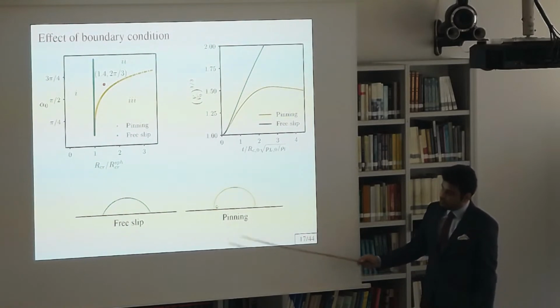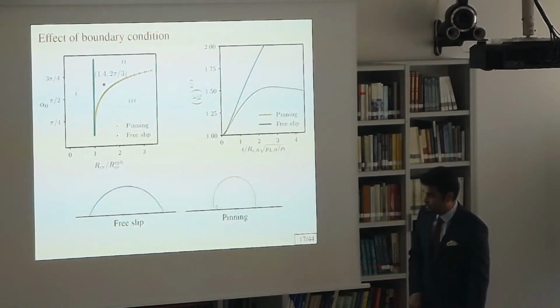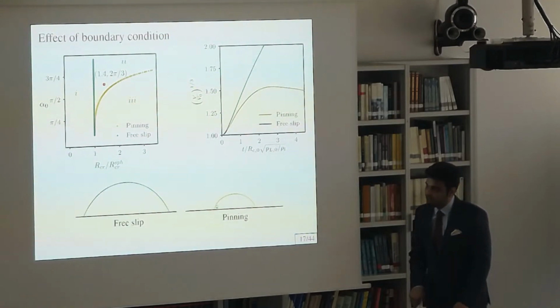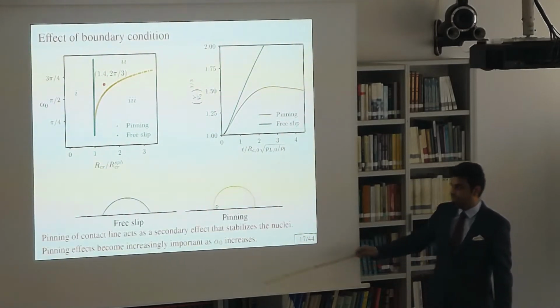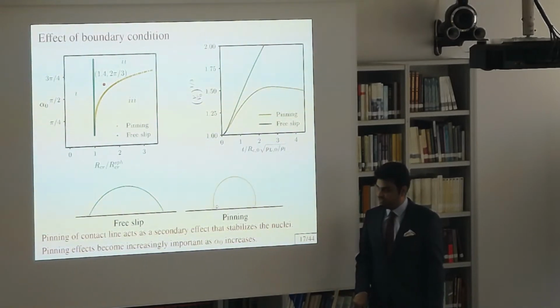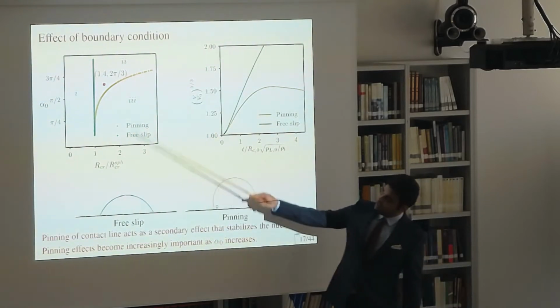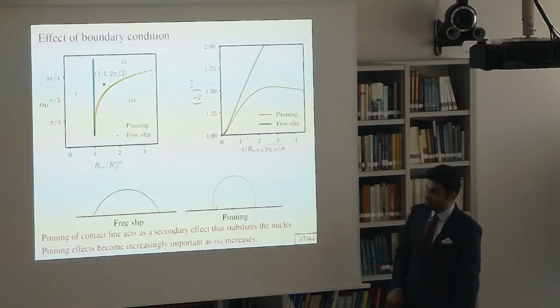And here I show you the evolution of the interface for these two cases, and I can start drawing my first conclusion, which is that the pinning of the contact line acts as a secondary effect that stabilizes the nuclei, and this effect becomes increasingly important as the contact angle increases.